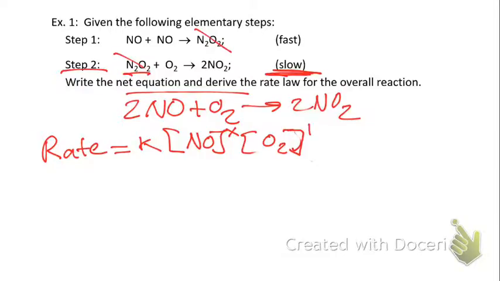So what do we do? You have to remember that N2O2 was made in the first step, from NO reacting with each other. So in reality, how fast N2O2 is produced is dependent upon NO reacting with itself.